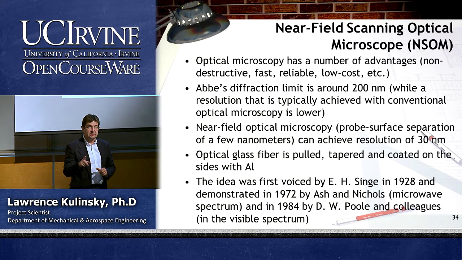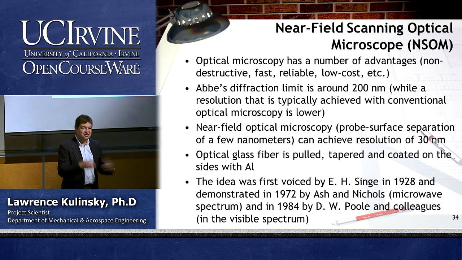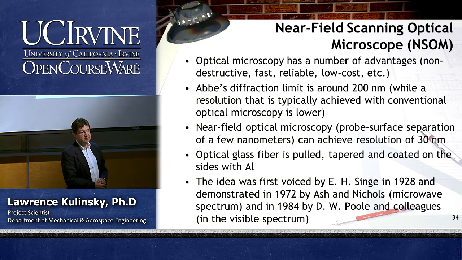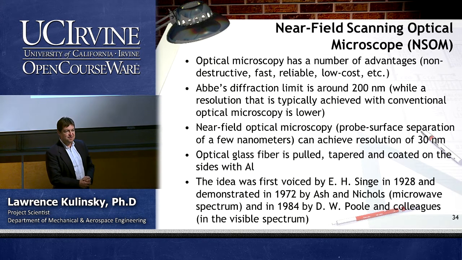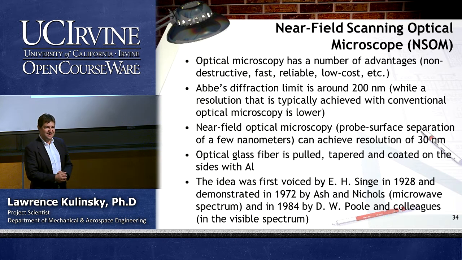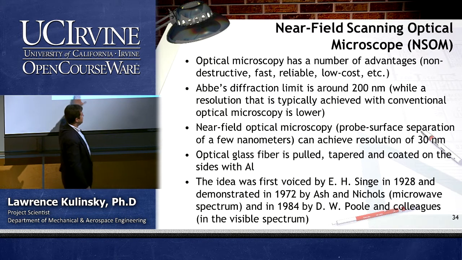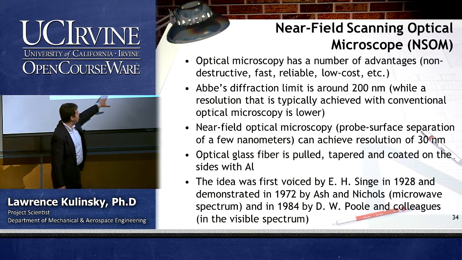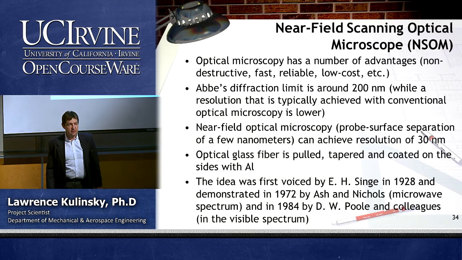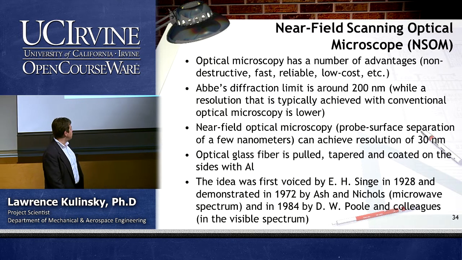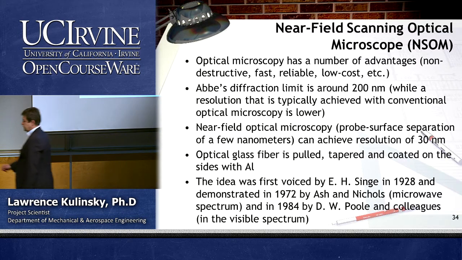He wrote in 1928 to Einstein, suggesting the idea, and Einstein thought, well, it's a neat idea, but it will never be realized, because he didn't know about nanofabrication. But actually, it was realized. It was first demonstrated in '72 in the microwave regime, and then in the optical regime in 1984 by Pohl and co-workers.